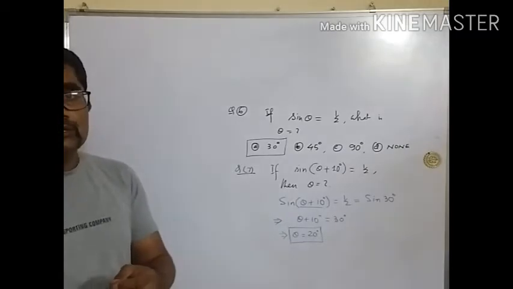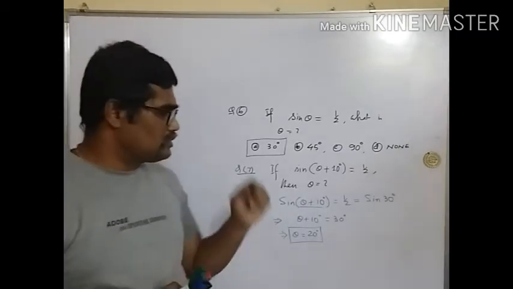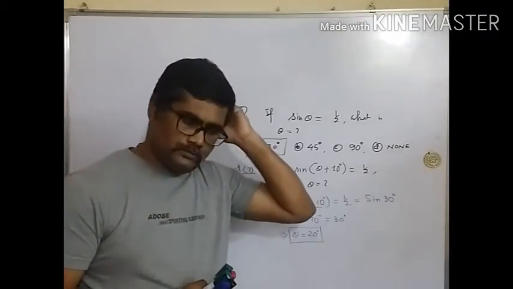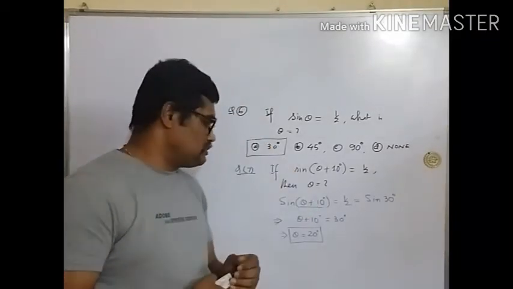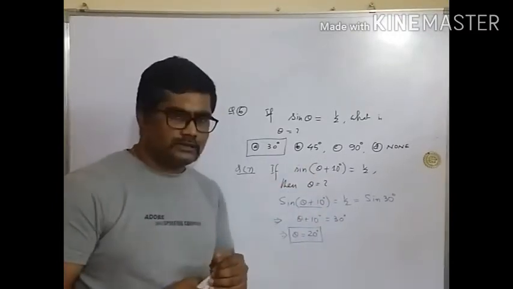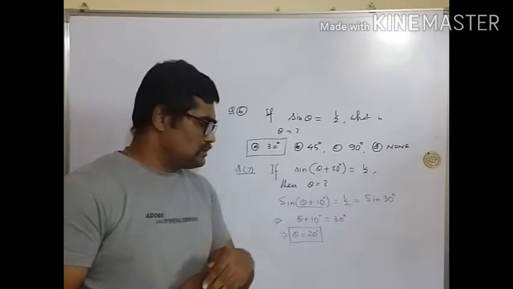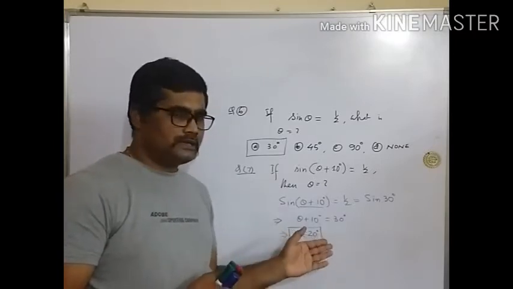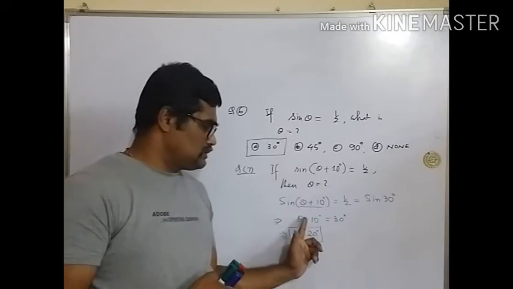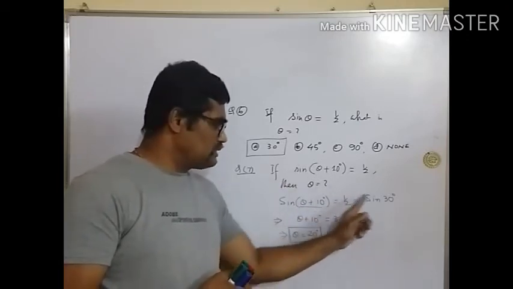Now here a very important note I would like to tell you, because this video may be seen by someone who is a maths teacher or a particular student who is preparing for higher classes or higher competitions. If you go beyond class 10, it may be difficult to write theta plus 10 equal to 30 degree.